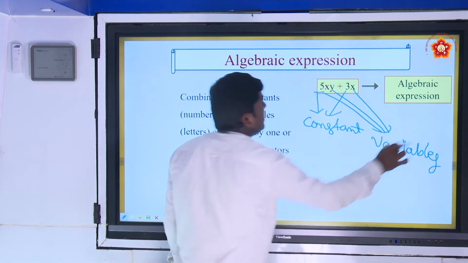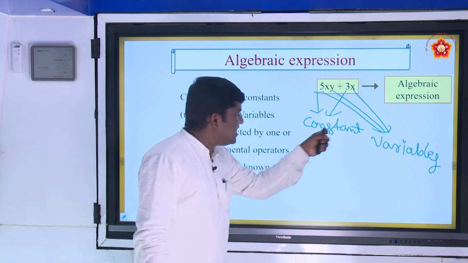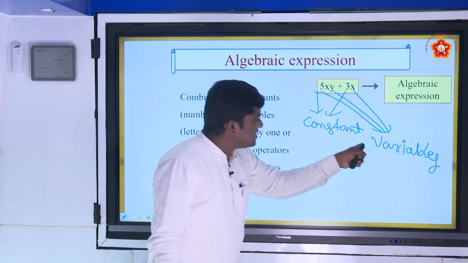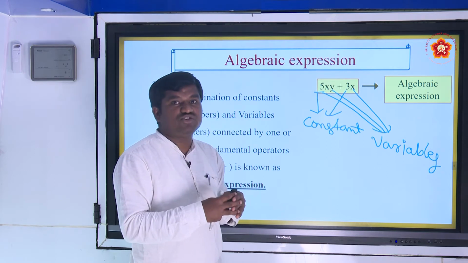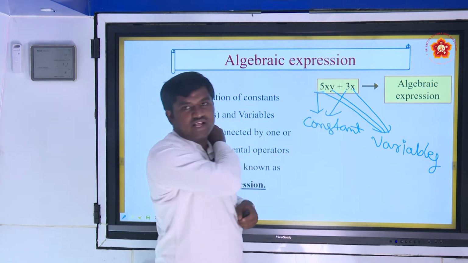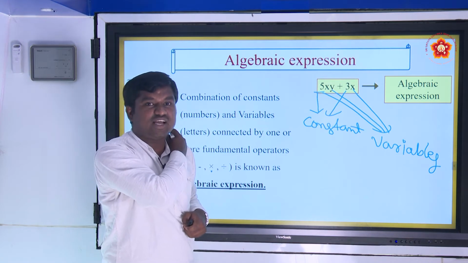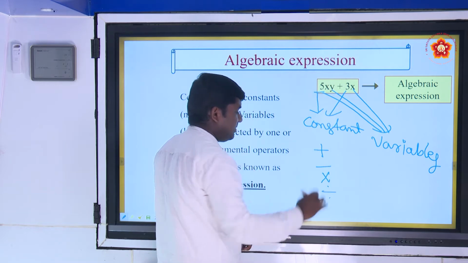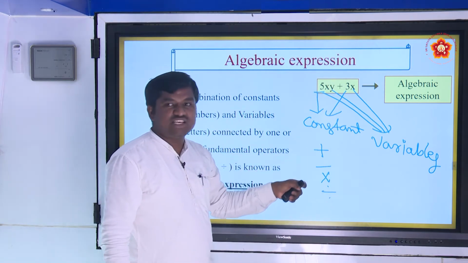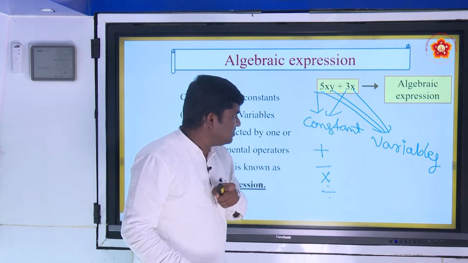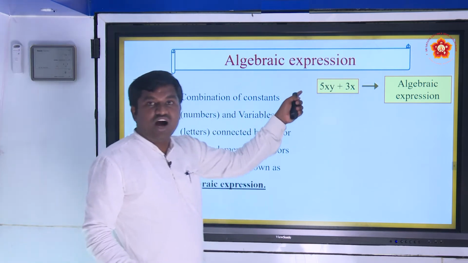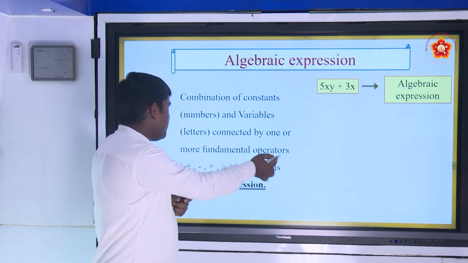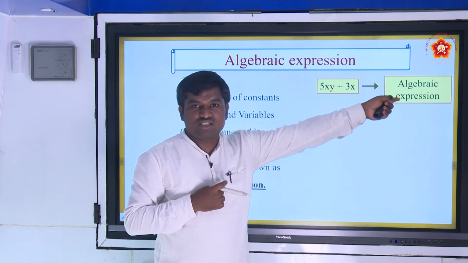See here, a combination of constants and variables. Only constants and variables? Yes, a combination of constants and variables connected by fundamental operators. Which are the fundamental operators? Those are plus, minus, into, divide by, meaning addition, subtraction, multiplication and division. So a combination of constants and variables connected by fundamental operators is known as an algebraic expression.